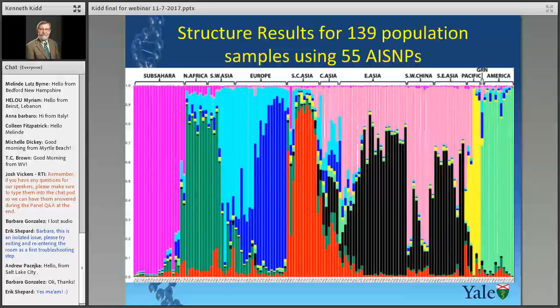And here are structure results for those 139 population samples using these 55 AI SNPs.